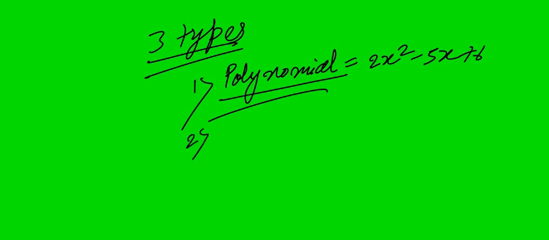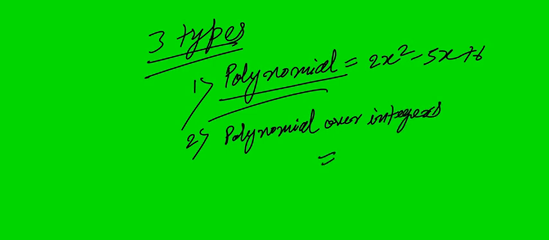The second type is polynomial over integers. Which types of questions will be called polynomial over integers? This question is also called a polynomial over integers, because all the numbers used in it are integers.